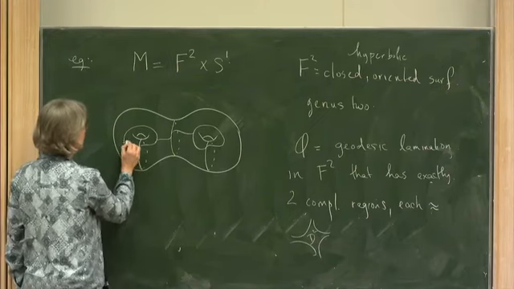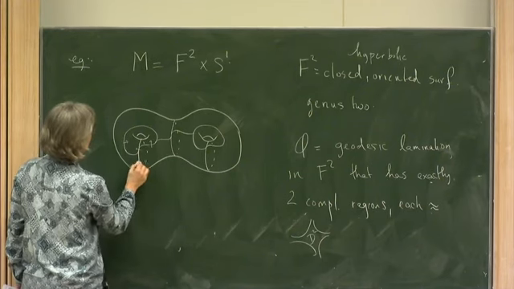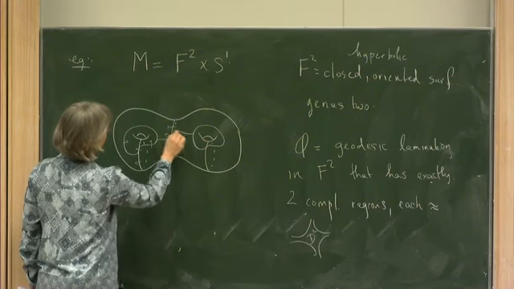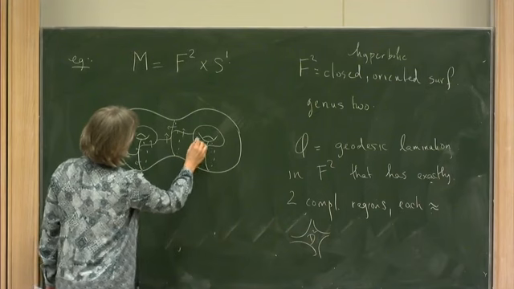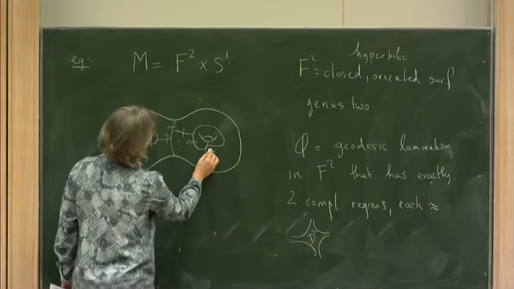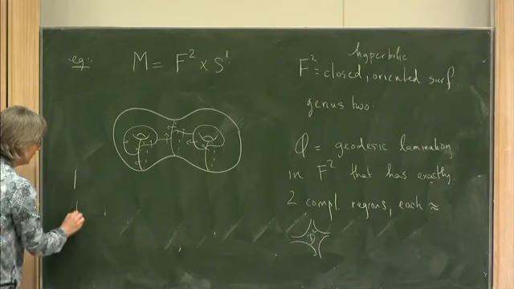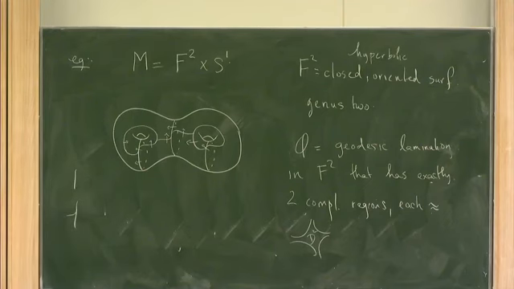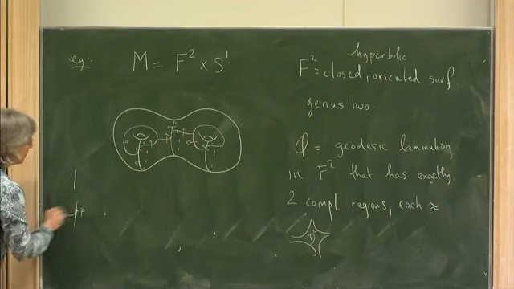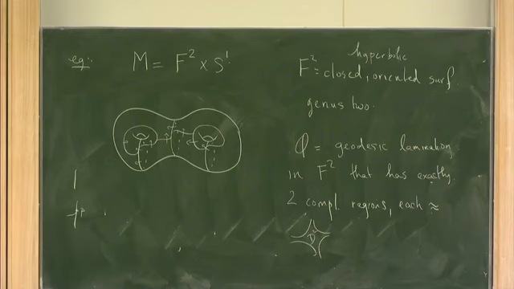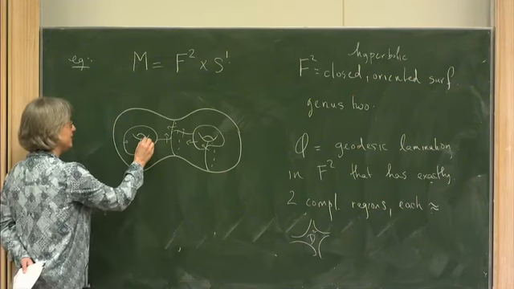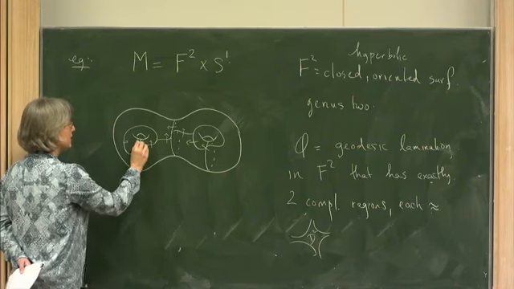So if I think about giving myself a co-orientation, I've got this. So the idea is, a train track is just a space that locally either looks like a manifold, or I can have these train track-like places where I've got double points. And I talk about a lamination being carried by the train track if it can be isotoped so that it lies in a nice little neighborhood of my train track.